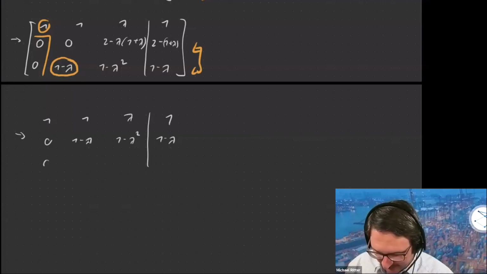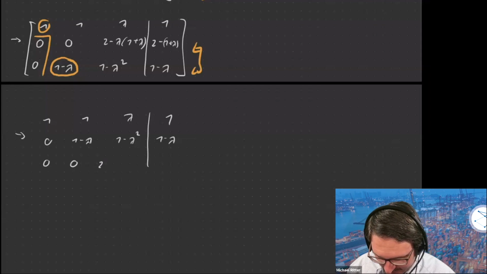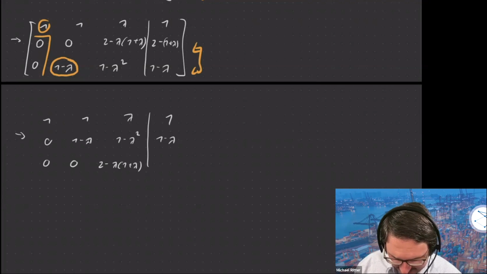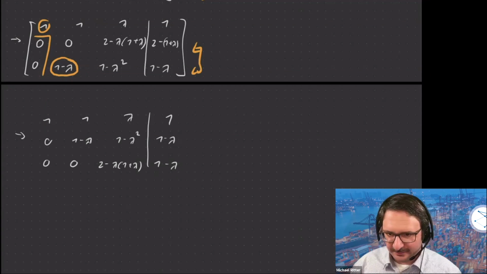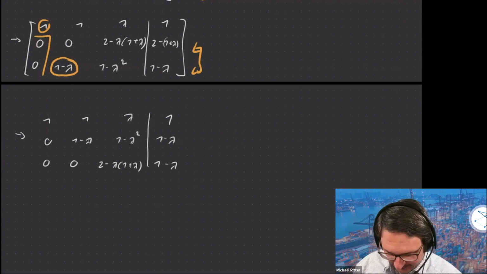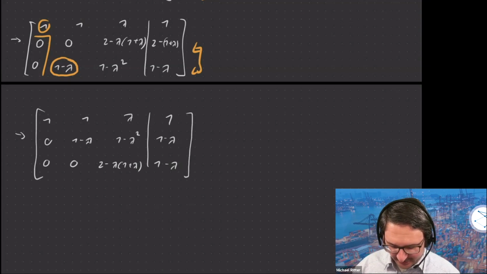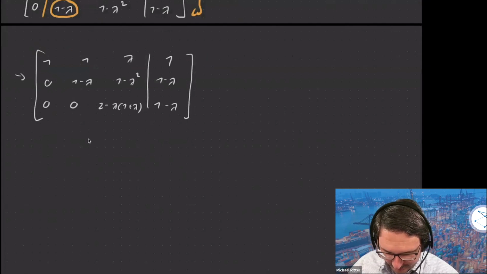And here we have 0, 0, and 2 minus lambda times 1 plus lambda. And here on the right, 2 minus 1 is 1. So we have 1 minus lambda here. Could simplify this a little. Okay, so that should be our new system.